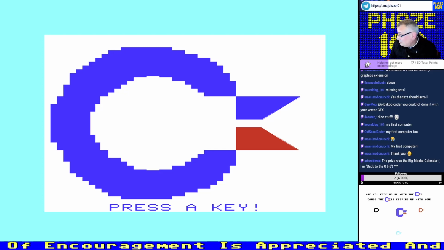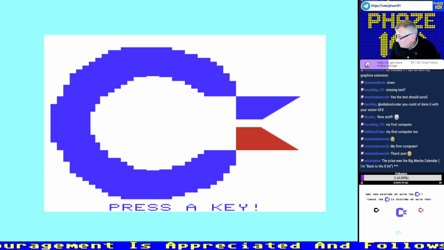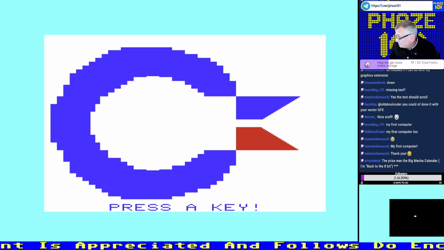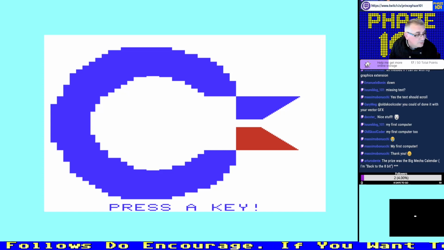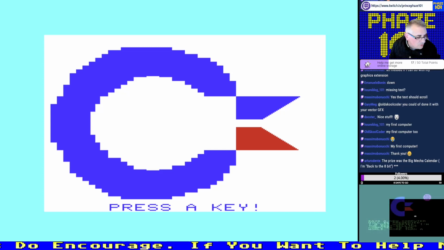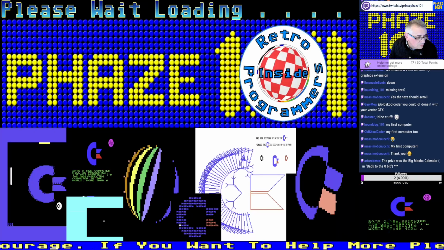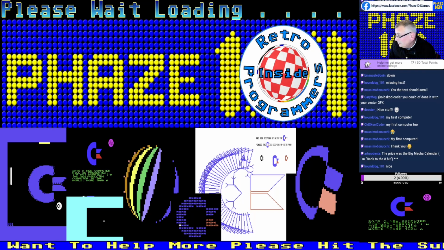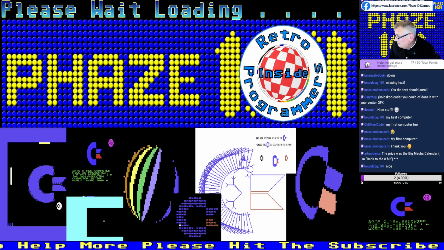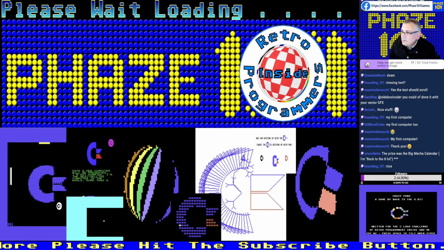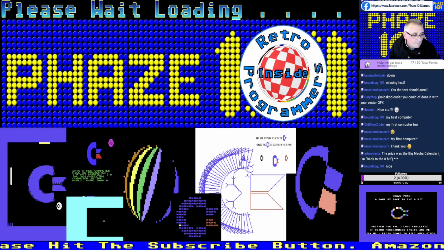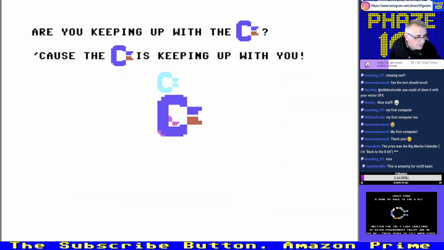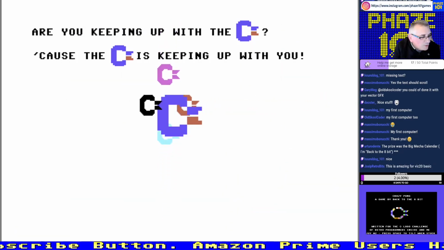So from the VIC-20 we pass to the Commodore 128. I am just going to change a bit. And here we have the Commodore 128 one.